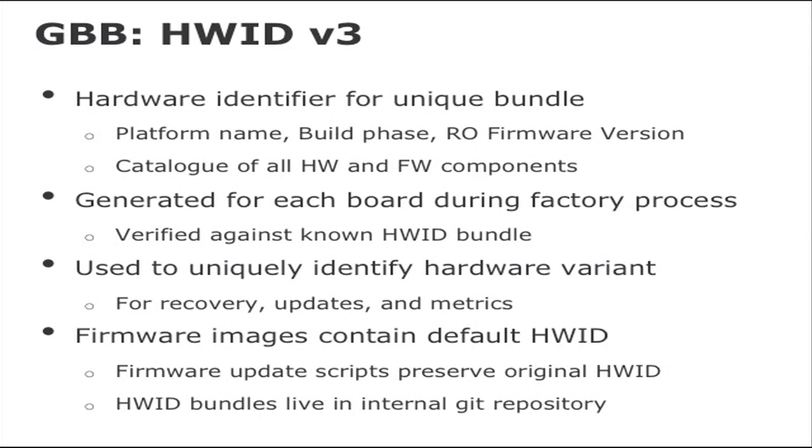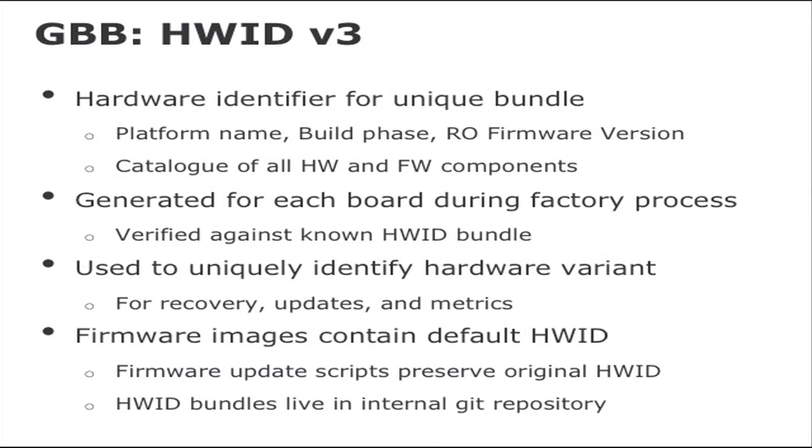Sometimes this will be just read from the device. Sometimes it requires the operator at the factory line to scan something to say what's actually being put into the device. During the factory, if for some reason a new component slipped into the build, this would cause a new hardware ID to be generated that would not be in the approved table, and so it would flag that system, and the operators would come and take a look and figure out why that hardware ID didn't seem to match up.